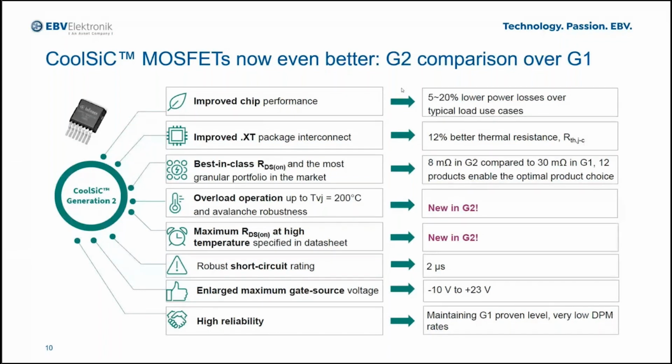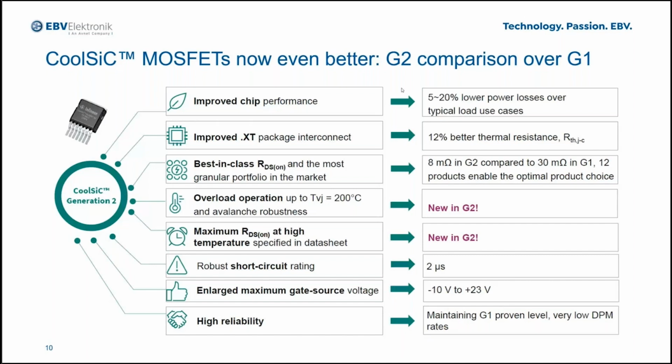Of course, the technology from Infineon, being a trench technology, offers the best-in-class RDS(on) to date with 8 milliohm in Gen 2 devices, which compares to a much higher 30 milliohm in G1.